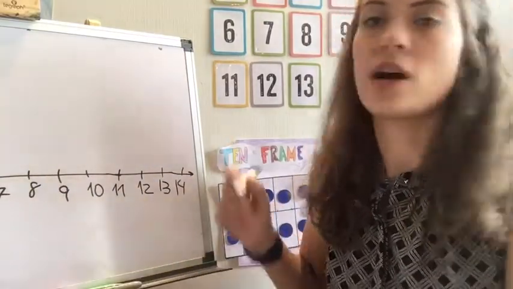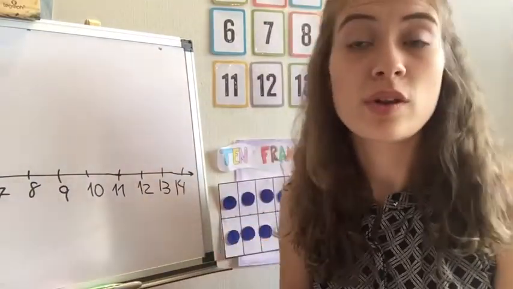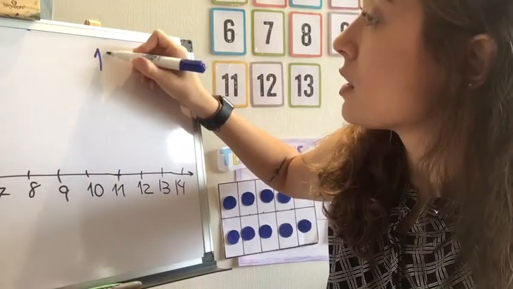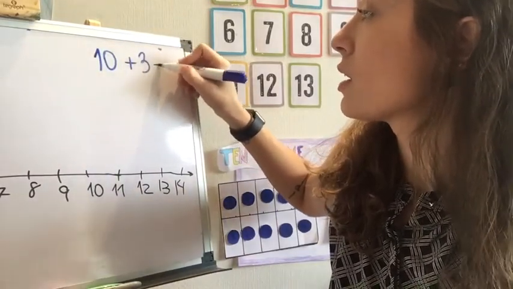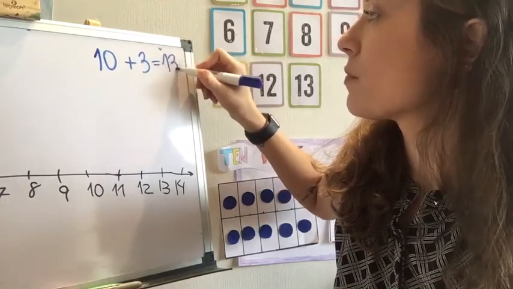1 cube tower representing 10, because I know the number 13 is the same as 10 add 3 equals 13.